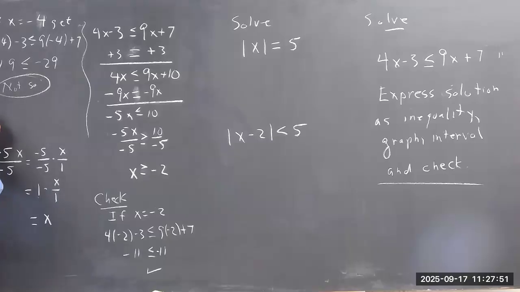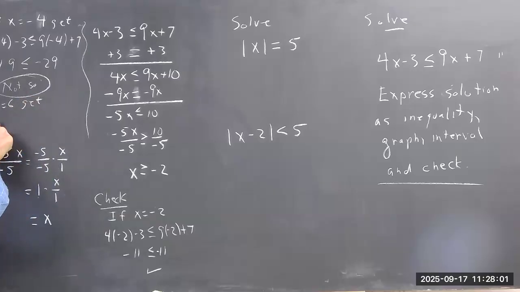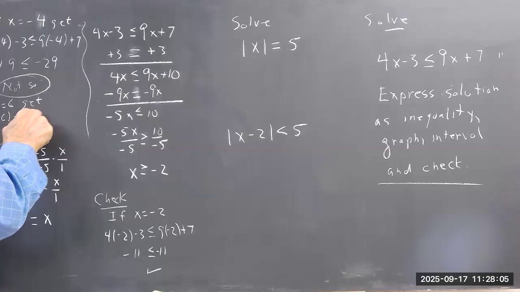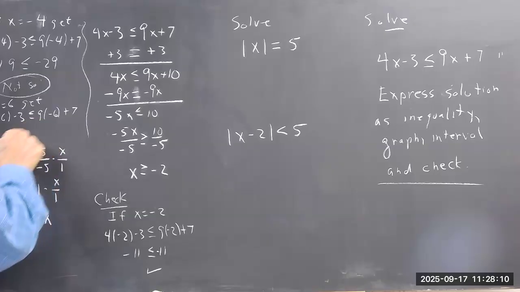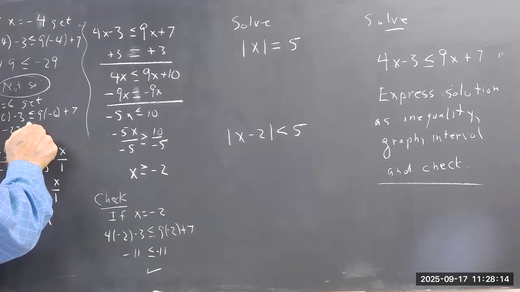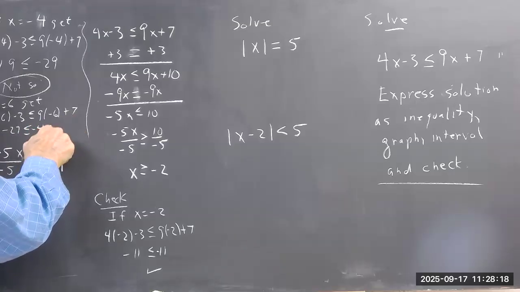And then if x equals, let's say, just use 6, we get 4 times -6 minus 3 less than or equal to 9 times -6 plus 7. That's -24, -3 is -27, less than or equal, -54 plus 7 is -47.